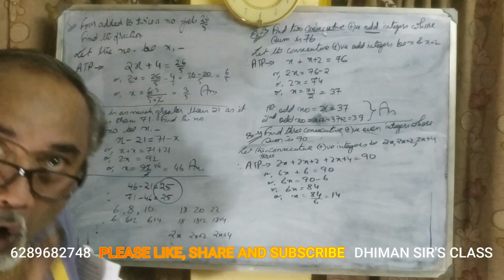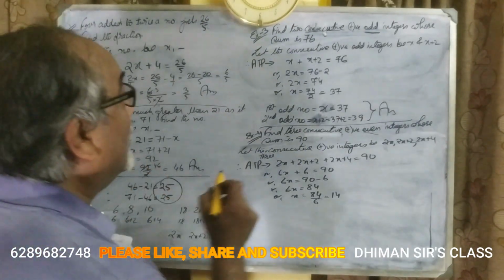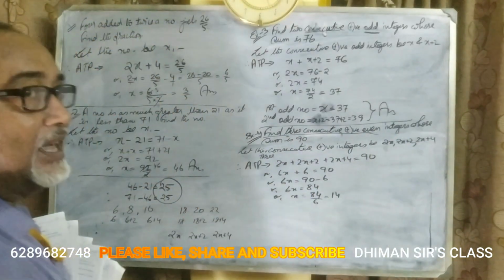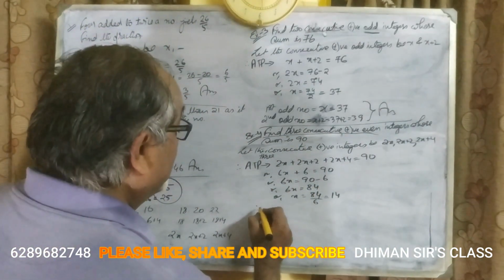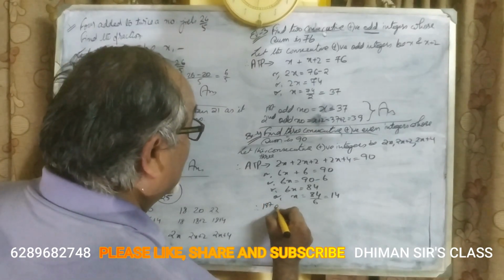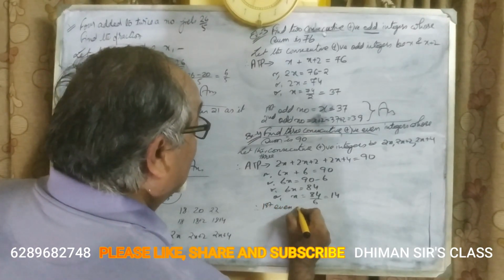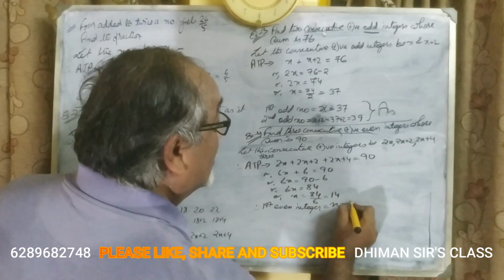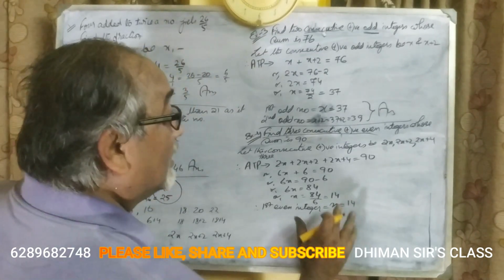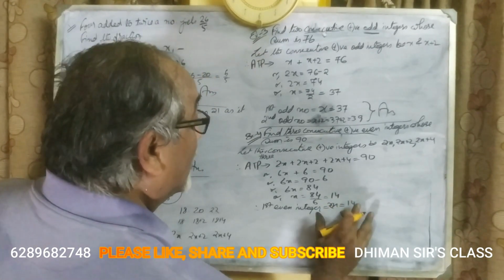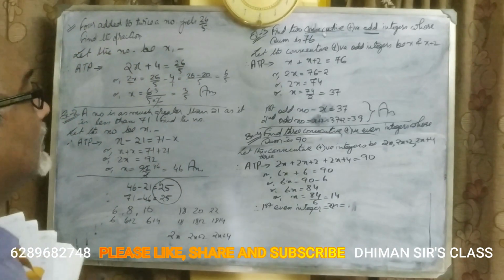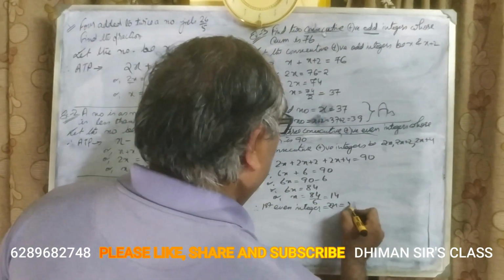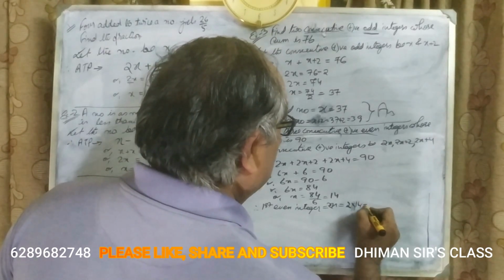Answer? No. Why? Because we are asked to find 3 consecutive positive even integers. So therefore, first even integer is equal to 2x. Sorry, not x, 2x. x is 14, so 2 into 14 is equal to 28.